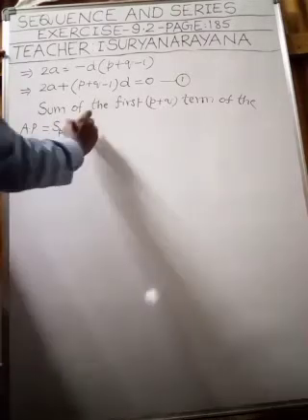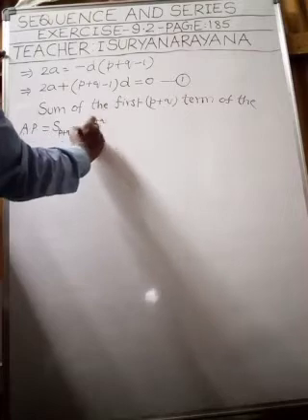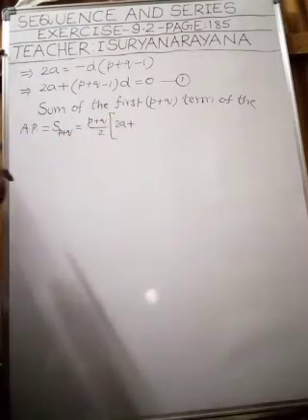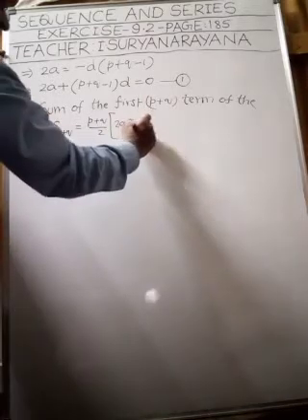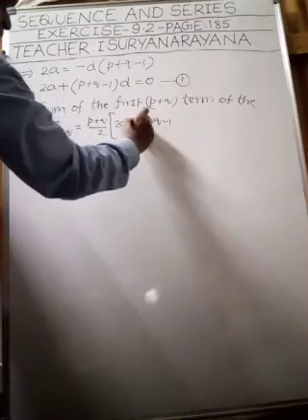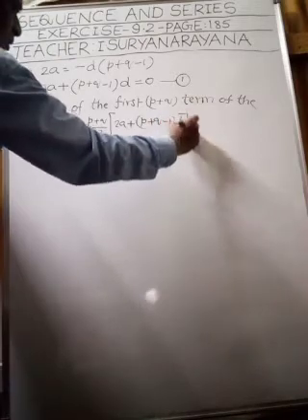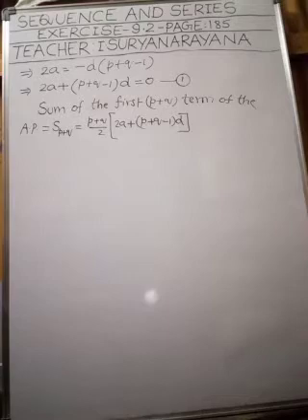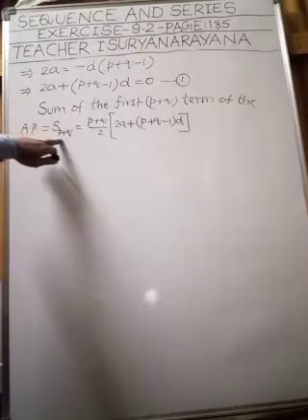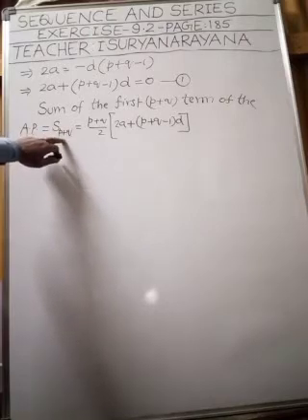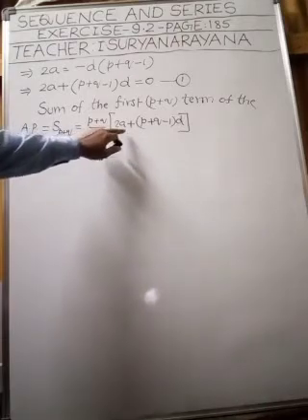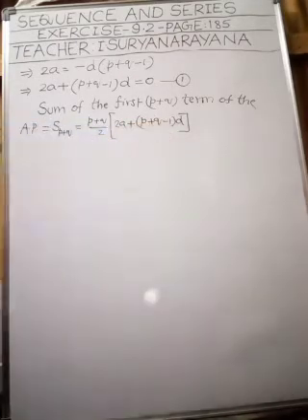What will we get? p plus q by 2 into 2a plus n minus 1 into d, where n means here p plus q. Yes or no, my children? In the formula Sn is equal to n by 2 into 2a plus n minus 1 into d, we have substituted n is equal to p plus q. Then we get p plus q by 2 into 2a plus p plus q minus 1 into d.